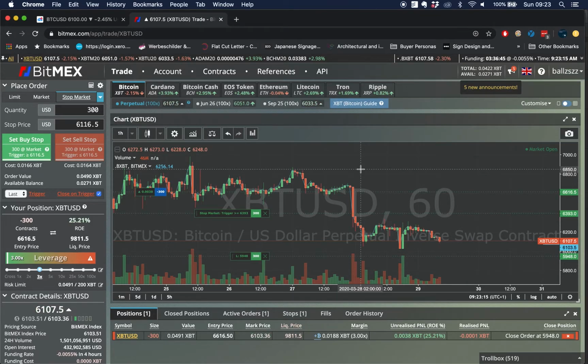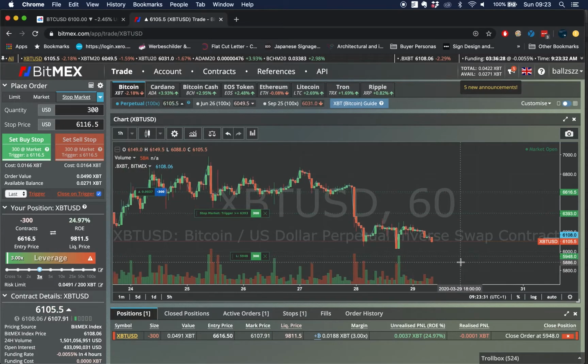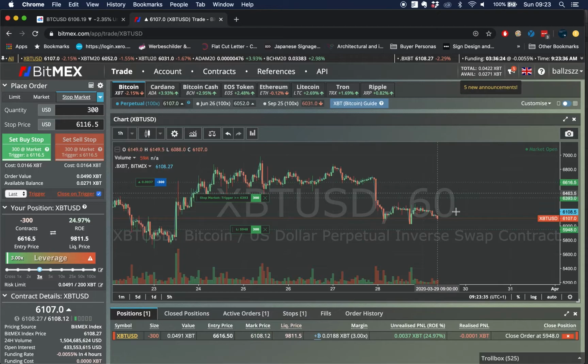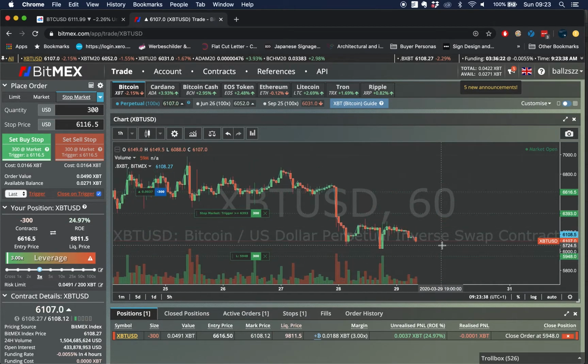The amount of money is kind of irrelevant; it's just relevant that you have some money in there. But again, that's just my opinion, and that's how I like to do this. So for the rest of the day, I plan to keep an eye on this and manage it as it moves.